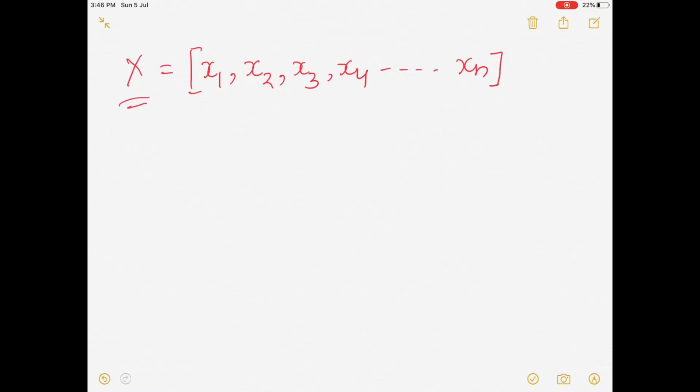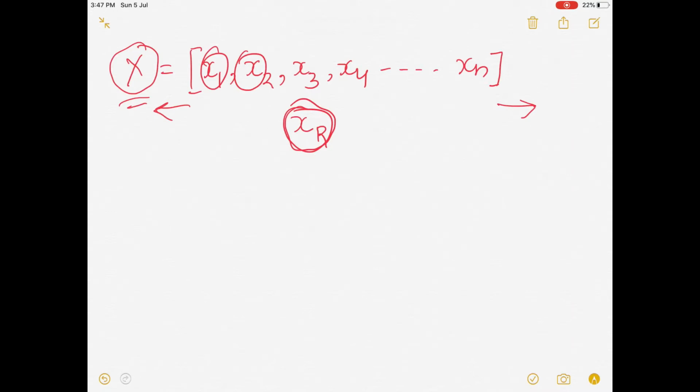The first step is to decide some point, and then calculate the deviation of each of the data points about that point. This point may be anywhere in the natural number range. Let's call it xr, some random number.